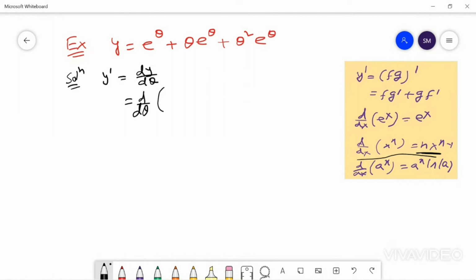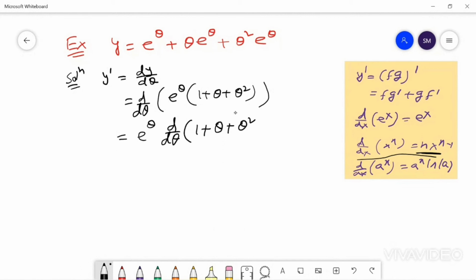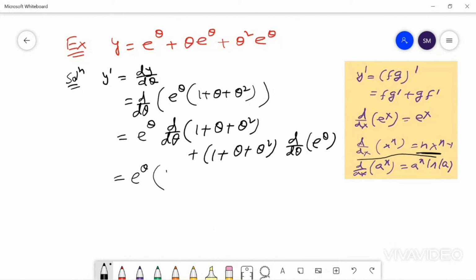This can be written as dy/dθ. We can take out e^θ and then we'll have this form. Now apply the multiplication rule. You will have e^(3θ) d/dθ (1 + θ²) plus (1 + θ²) times the derivative of e^θ. Now simply do the derivative and rearrange the terms, and you will have the final answer.